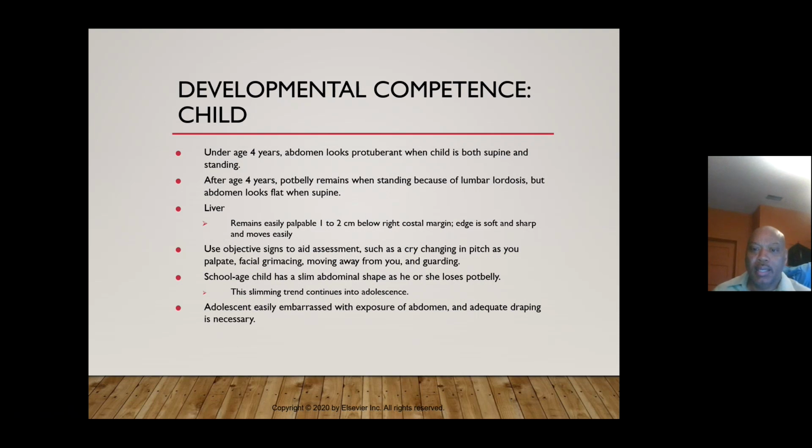It has to do with the spine not being as developed. But the abdomen looks flat when the child is in a supine position. As far as the liver is concerned, it remains easily palpable, 1 to 2 centimeters below the right costal margin, and the edge is soft and sharp, and moves easily.